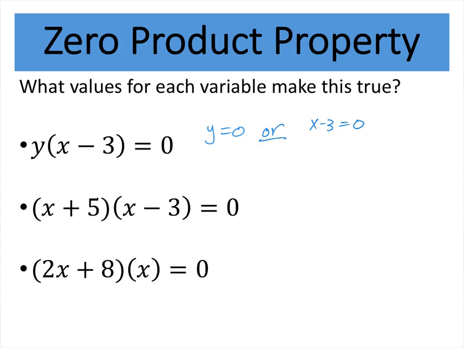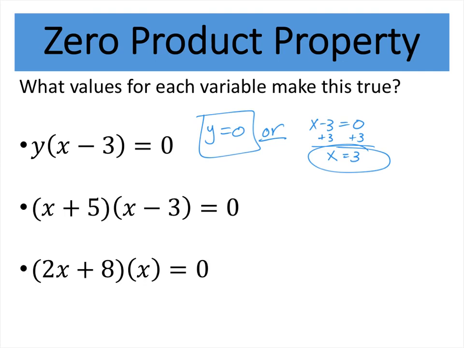That's a possibility too. Well, if x minus 3 equals 0, we can quickly solve it so that x is 3. So for this problem, if y is 0 or x is 3, then the whole thing equals 0.